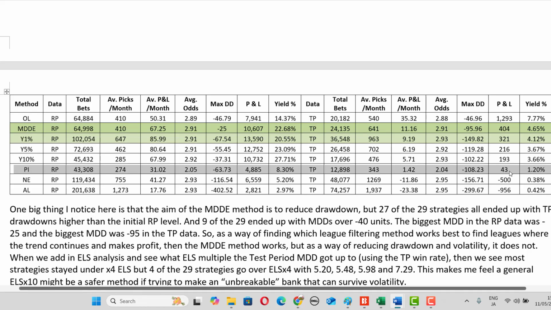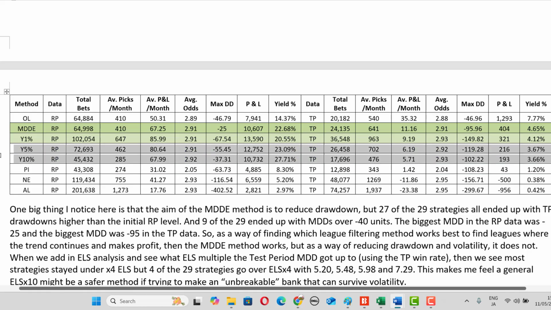It still makes profit, interestingly, but a real shadow of the monthly profit we're expecting. So monthly profit was 31 points per month in the research period, but in the test period it's just 1 point. So a real shadow of the trend we thought we'd found. And just choosing yields of 5% and 10%. So here we're choosing fewer and fewer leagues, fewer and fewer bets per month.